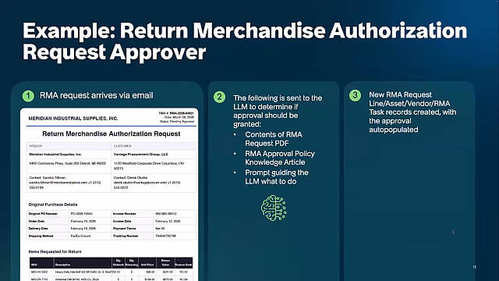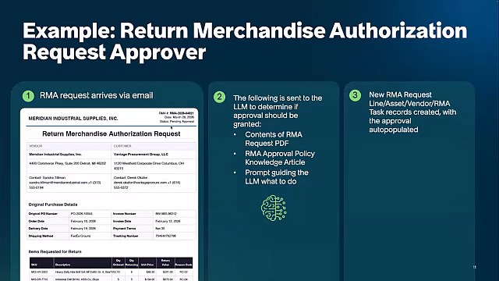RMAs are essentially requests from a customer saying, this inventory that you sent us, we want to return it, because it might be broken, it might not be right, the color might be wrong, anything like that. They send one of these RMA requests along with a range of details about the items that they want to return, and the reasons why. Typically, this falls under the hardware asset management area within ServiceNow.